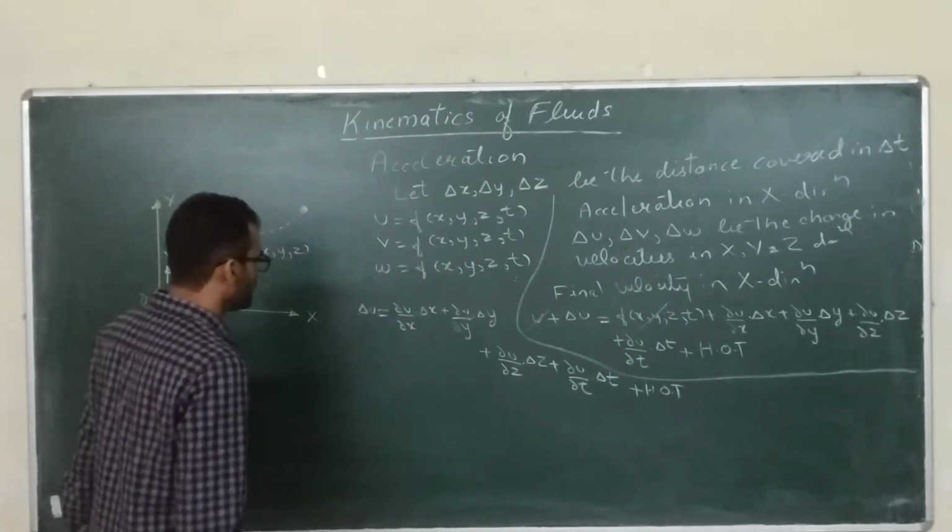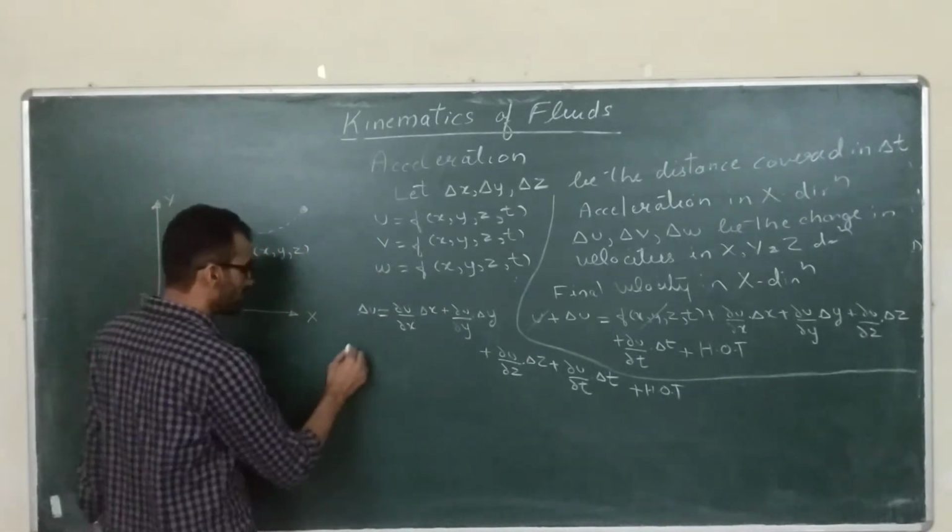Okay, so now divide both sides by delta t. What we get?